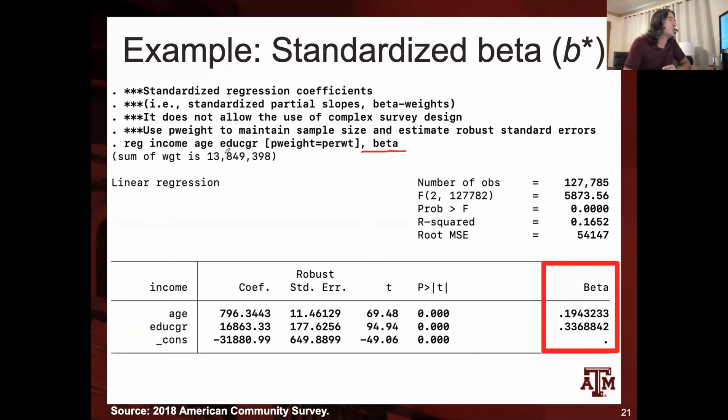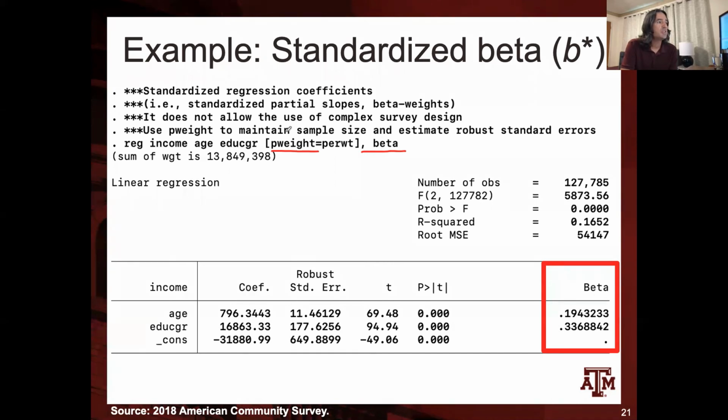And look here, these are my notes from Stata. I'm estimating the standardized regression coefficients, also called the standardized partial slopes or beta weights. Whenever I include this option in Stata, it does not allow the use of the complex survey design. That's the reason I'm using the P weight, right?